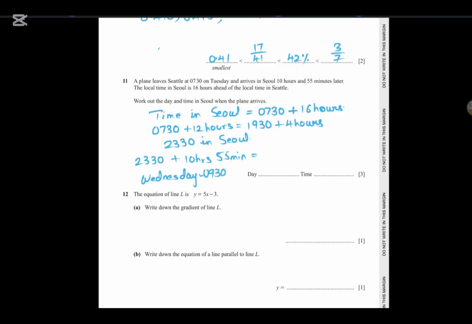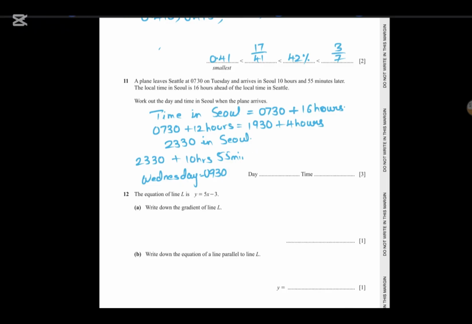0930 Wednesday. Then add 55 minutes. When we add 55 minutes to it, first let me split 55 minutes as 30 plus 25 minutes.